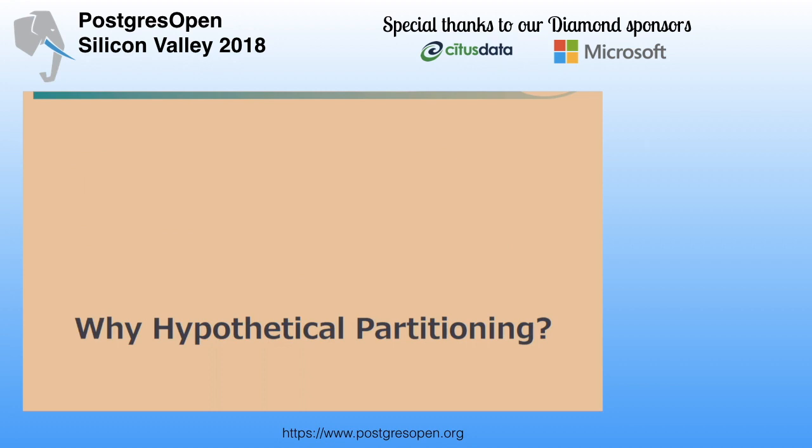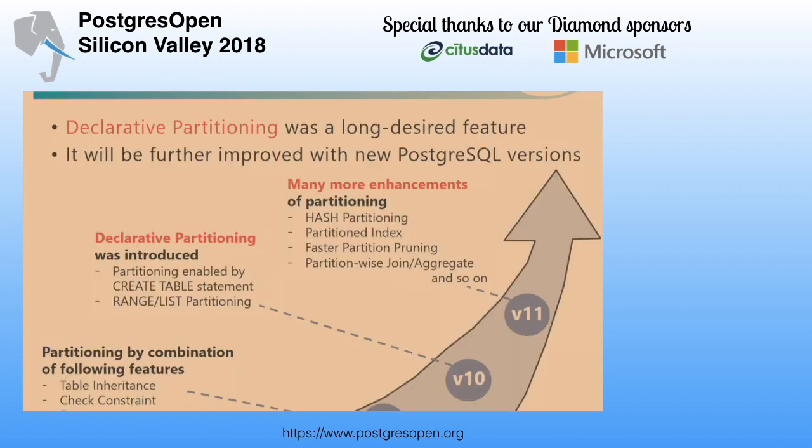Next, I'm going to talk about the reason why we are working on the hypothetical partitioning function. You know, declarative partitioning was introduced in Postgres 10, and it was a long-desired feature.